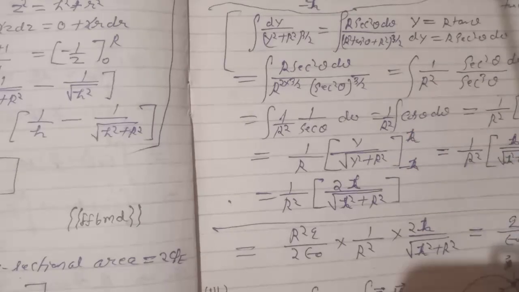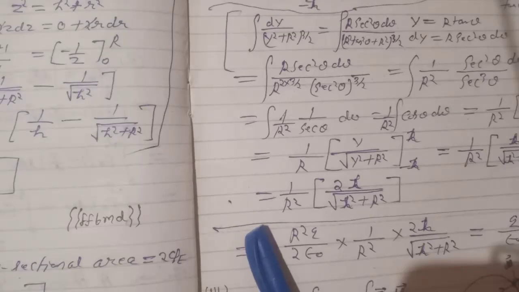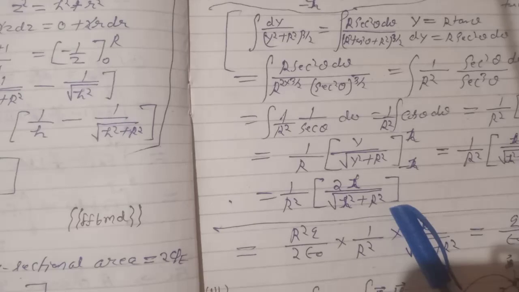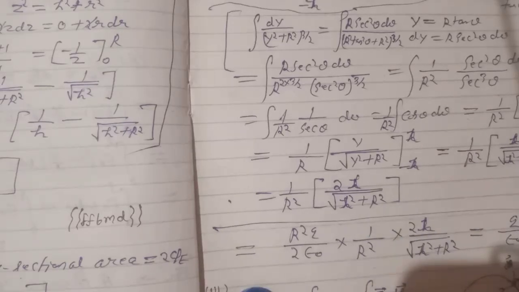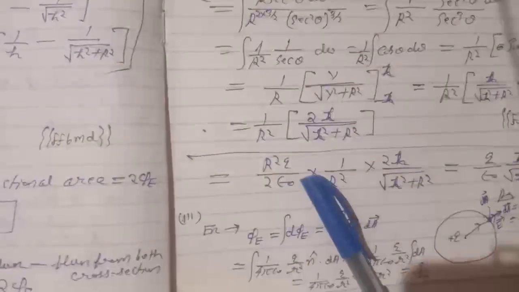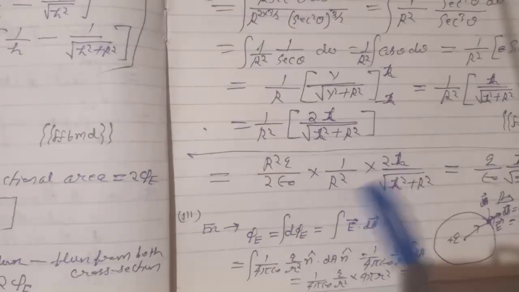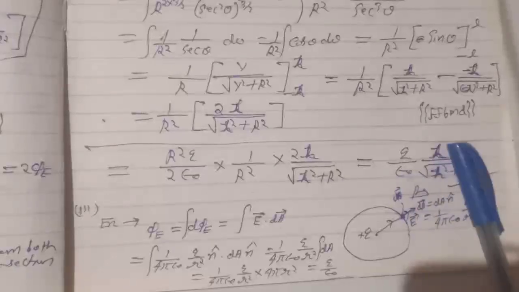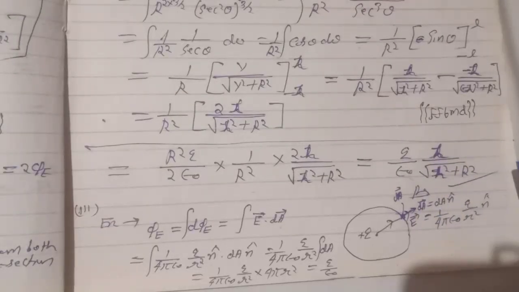So 1 by r square under bracket h by under root h square plus r square minus of minus h by under root h square plus r square, or 1 by r square into 2h by under root h square plus r square. Hence total flux phi will be r square q by 2 epsilon naught into 1 by r square into 2h by under root r square plus h square, or q by epsilon naught h by under root h square plus r square.